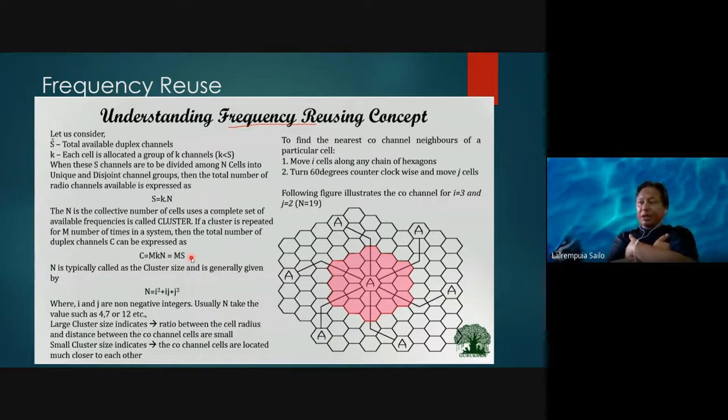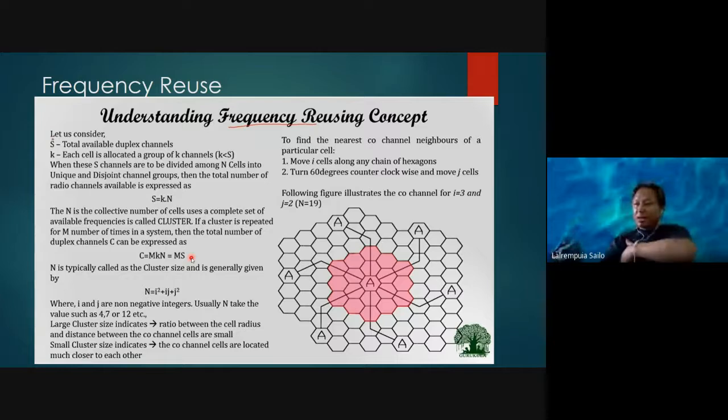Then, to find the nearest co-channel neighbor of a particular cell, we move I cells along any chain of hexagons, turn 60 degrees counterclockwise and move J cells.